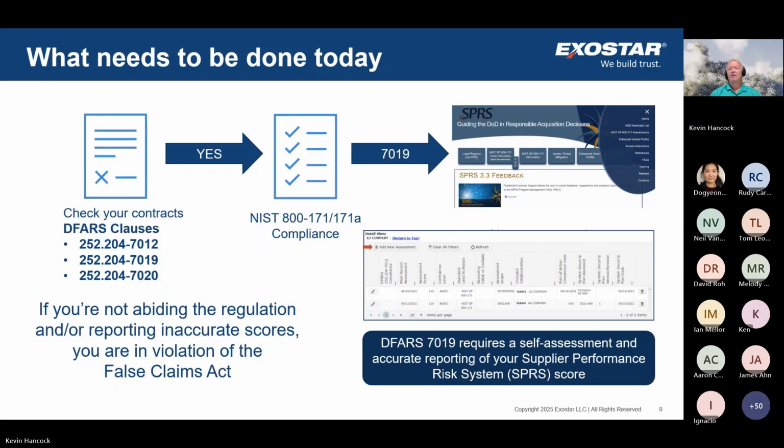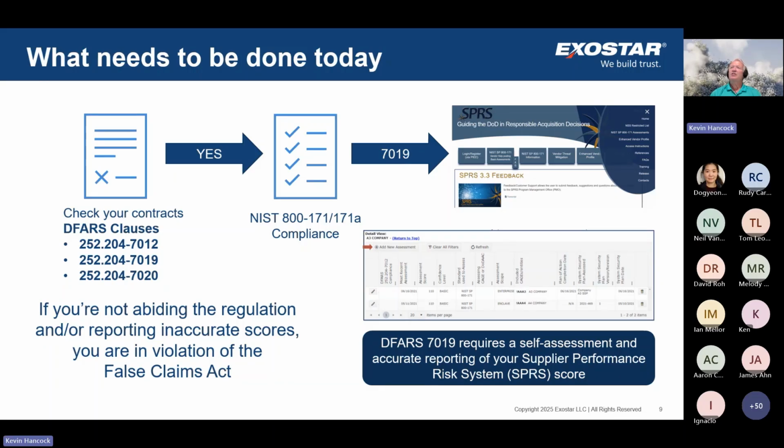Now with 7019, another DFARS clause, if you've got that clause in your contract, you're required to do a self-assessment and score yourself. That self-assessment guide puts a value of 1, 3, or 5 points against each of the 110 NIST controls. So you'll have a score somewhere between a negative 203 and 110.